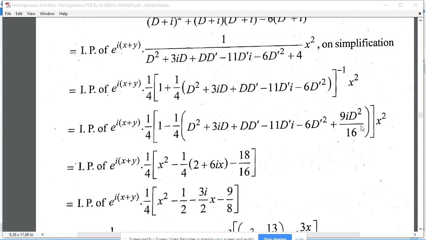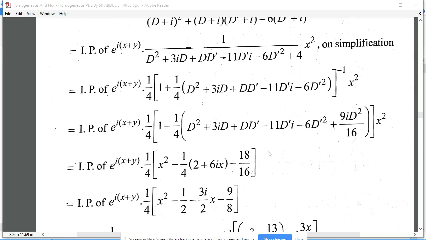Remaining derivatives become 0 because D' means dou by dou y. DD' means dou square by dou x dou y. Differentiating partially with respect to y, x square derivative becomes 0. So all derivatives become 0 except D square term, because D square of x square is 2, and already we have 9, that is 9 into 2 is 18.